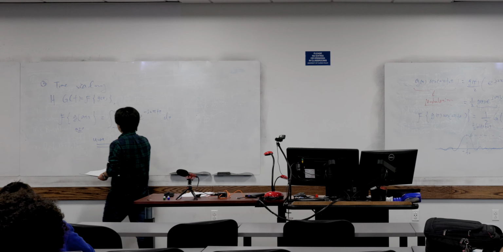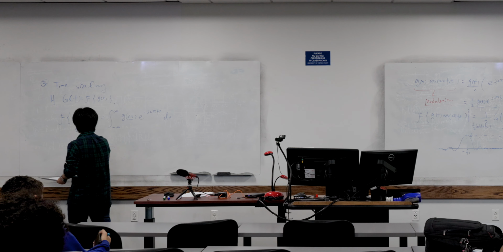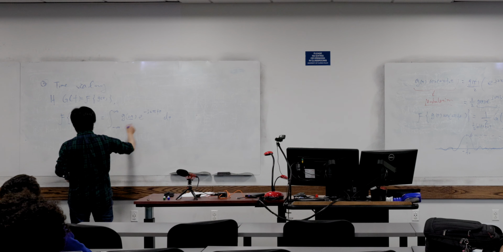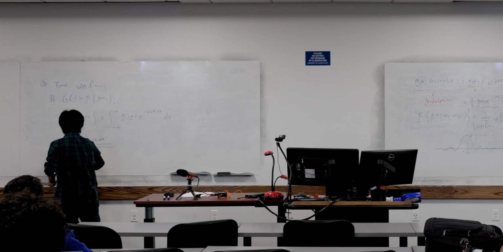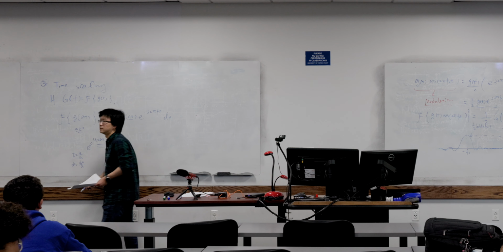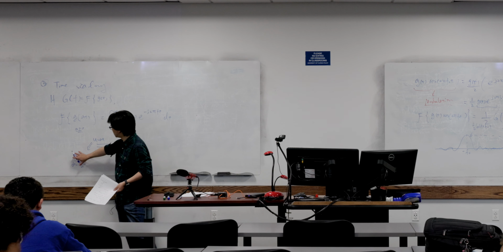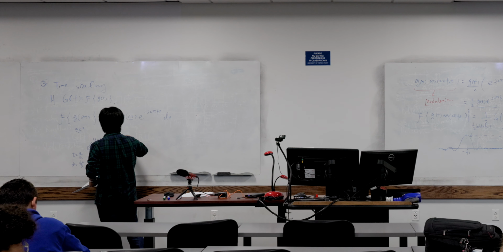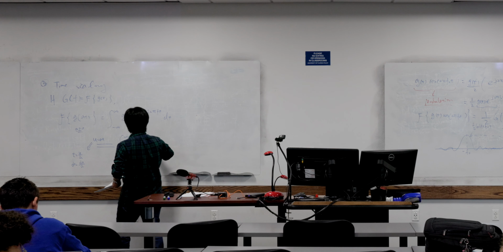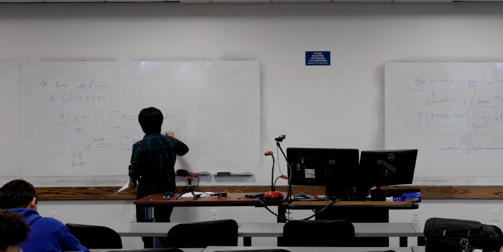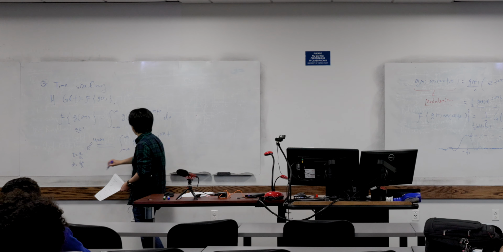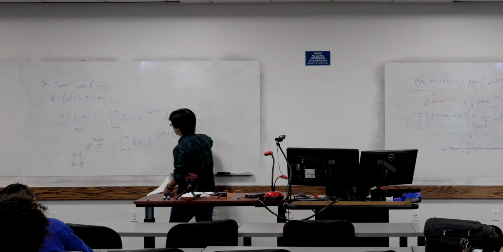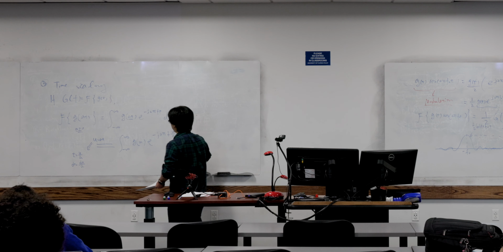Therefore, from here we get t equals u divided by a, and dt equals du divided by a. We substitute this in here and see what we get. Now we have g(u) e to the minus j 2 pi f t, where t equals u over a, and dt equals du over a, right?